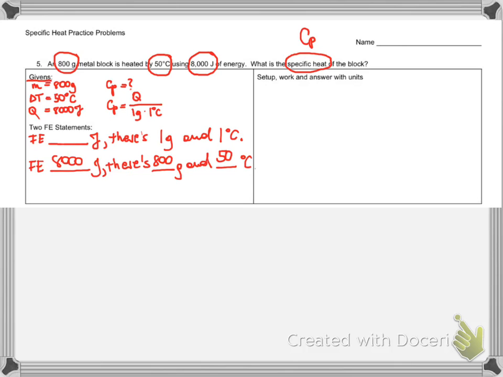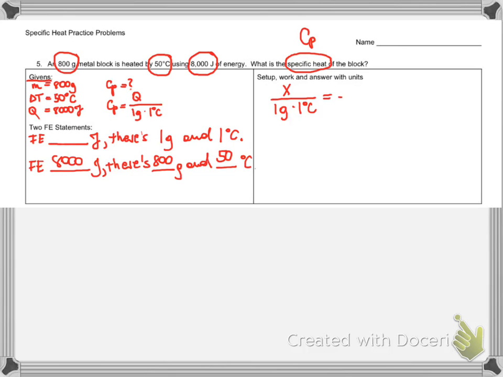Now we're going to rewrite each one of the for every statements as our fractions. So the first fraction, there's an x. We have no idea what that amount of energy is needed for 1 gram and for every 1 Celsius. So that's actually what we're looking for.